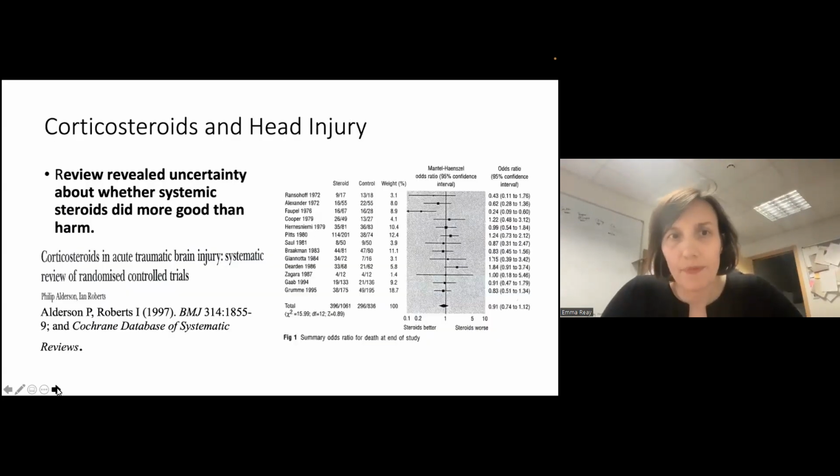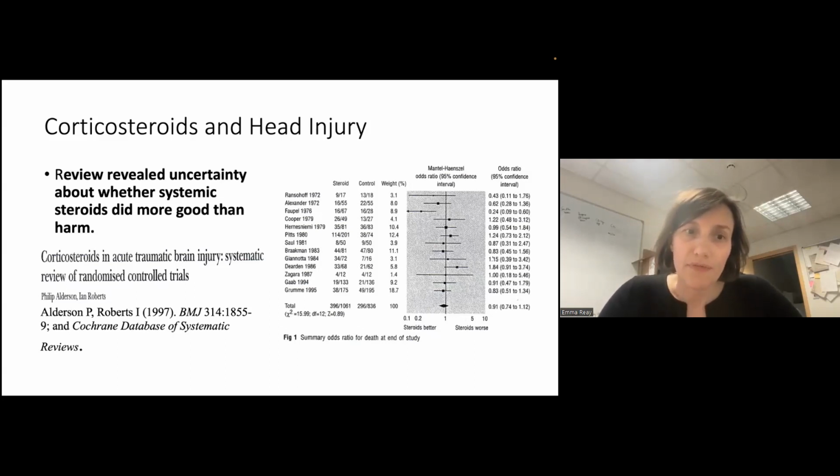So for example, when we look at corticosteroids and head injury, a systematic review revealed uncertainty about whether or not steroids did more good than harm. This then led to a randomized controlled trial being designed to answer that exact question.